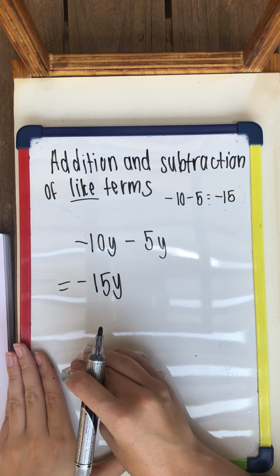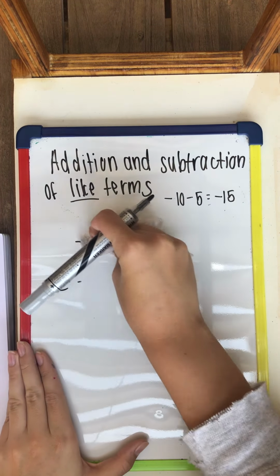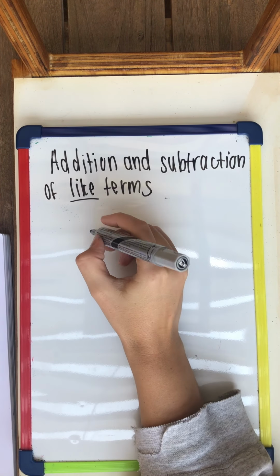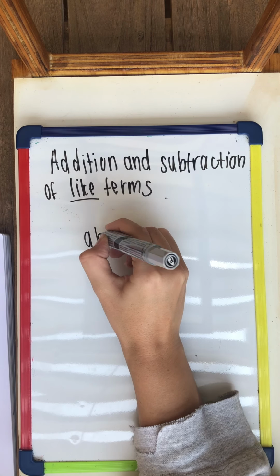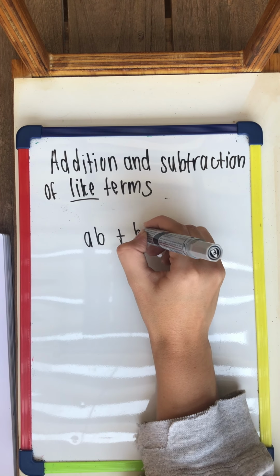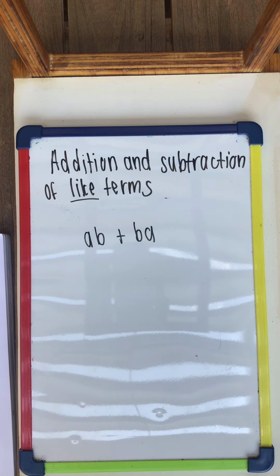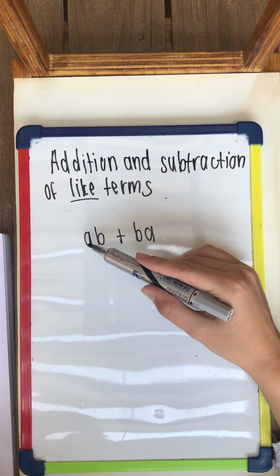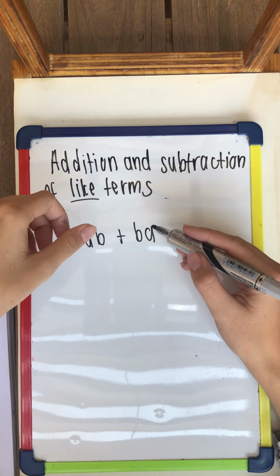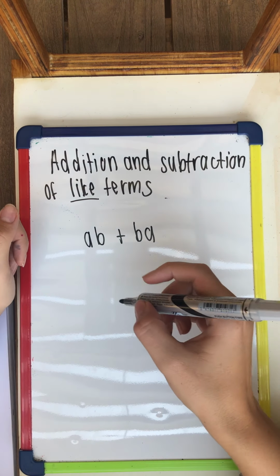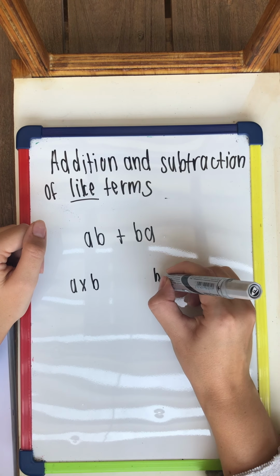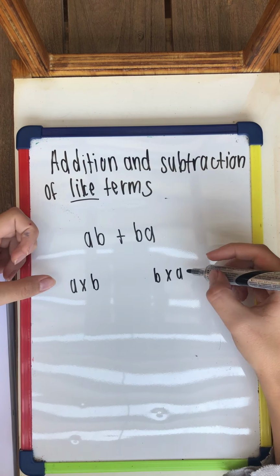If I've got, for instance, a times b and b times a, remember when we write our final answer, it needs to be ab. If we've got a times b and we've got b times a, that is the same thing.